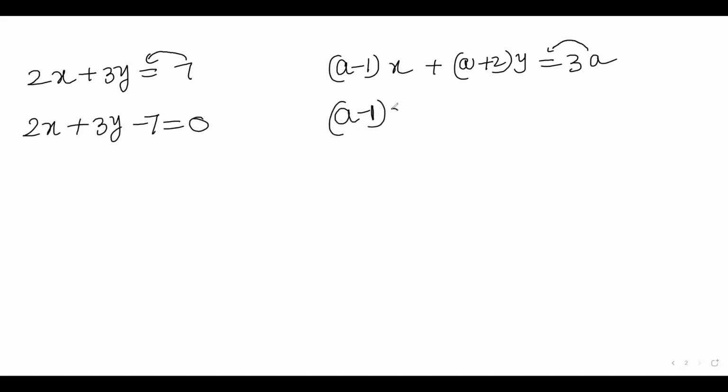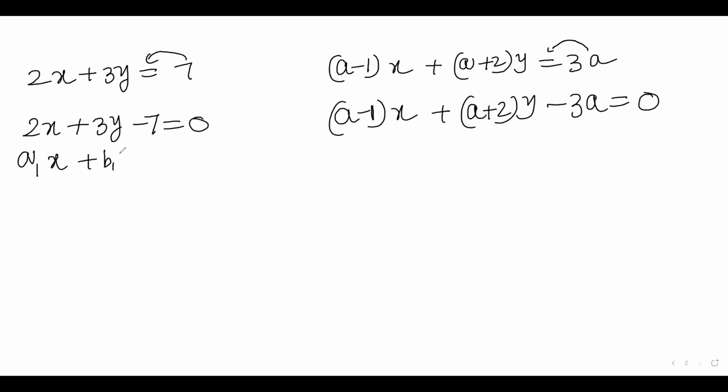(a minus 1)x plus (a plus 2)y minus 3a is equal to 0. Now let us write the standard form of a pair of linear equations: a1x plus b1y plus c1 is equal to 0, a2x plus b2y plus c2 is equal to 0.